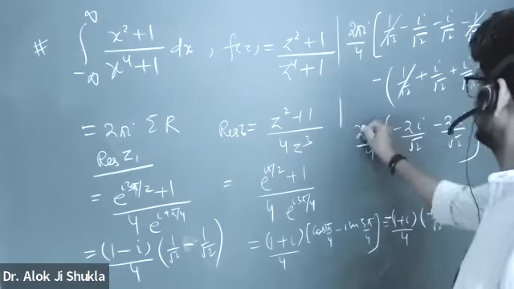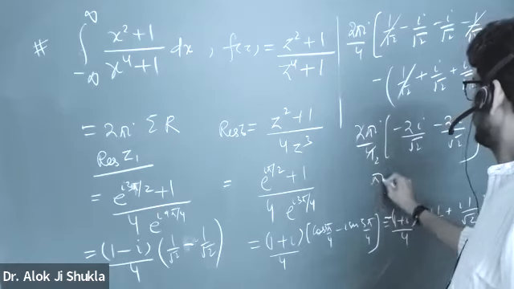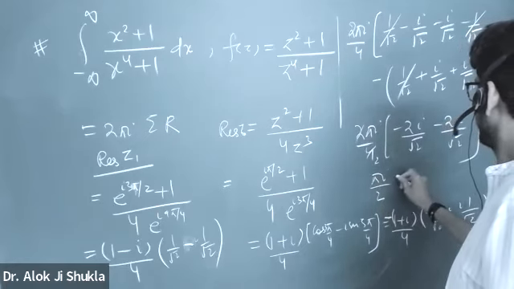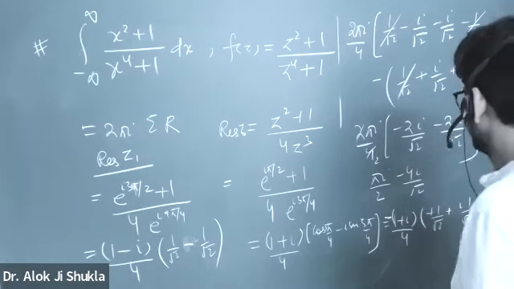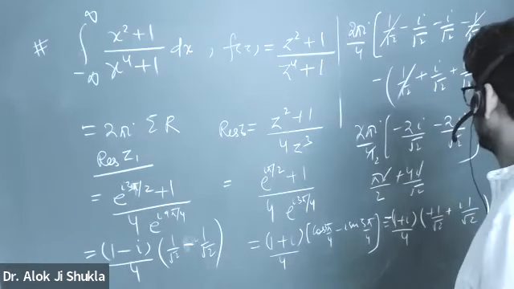So this will become pi I by 2 into minus 4 I by root 2. So I and minus is gone.